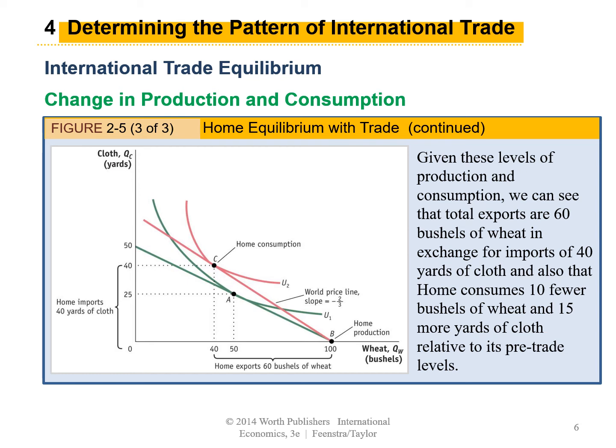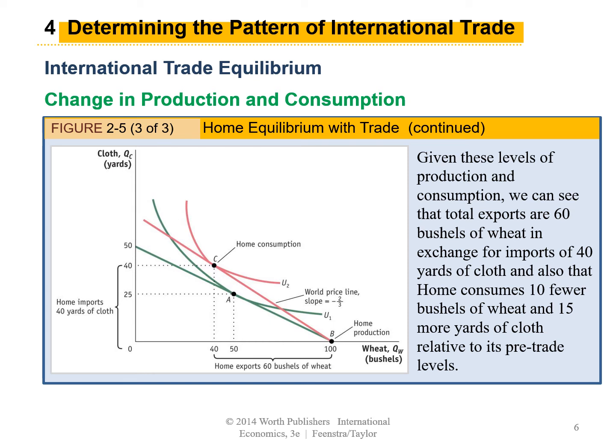where it touches indifference curve U2 at C. So at C, the home country is at C because it's produced 40 units of wheat for itself. So that determines the horizontal value, the horizontal coordinate.